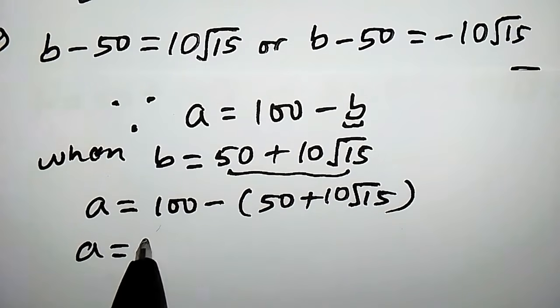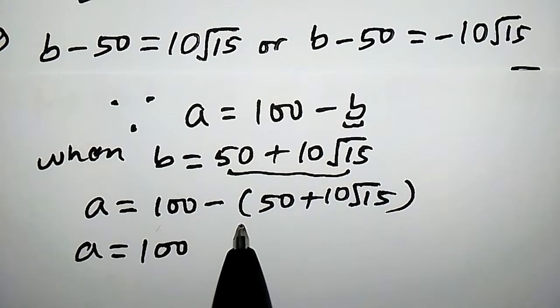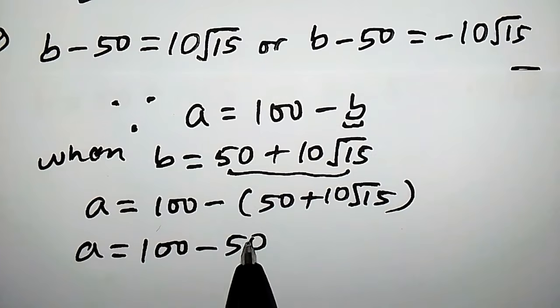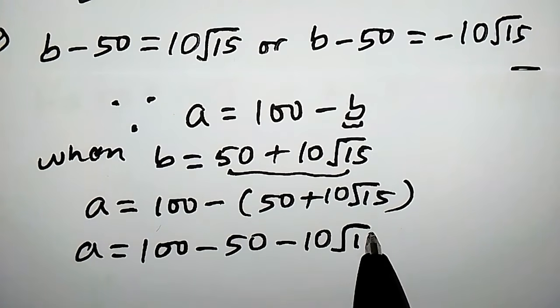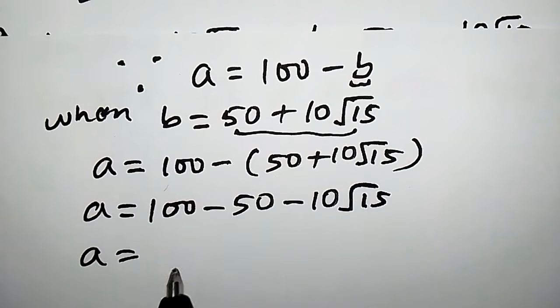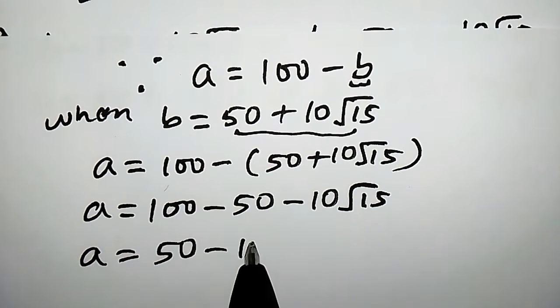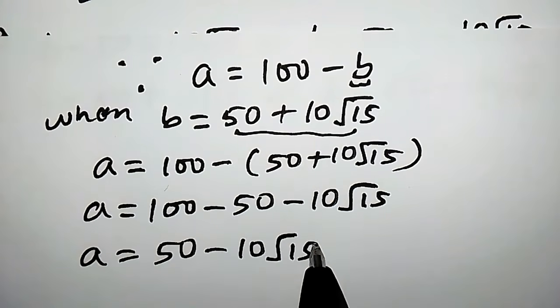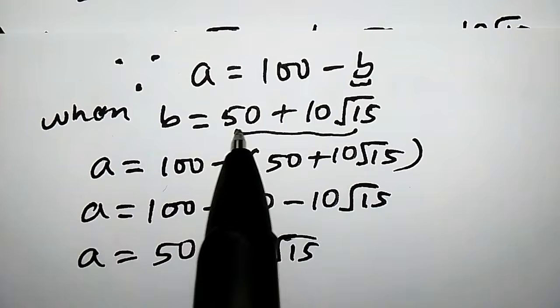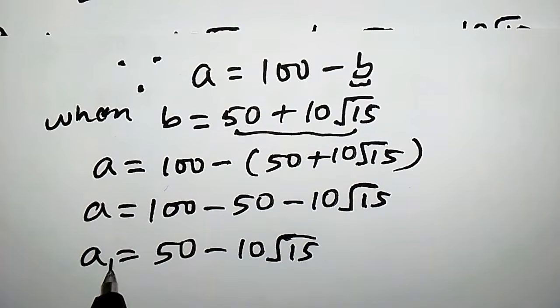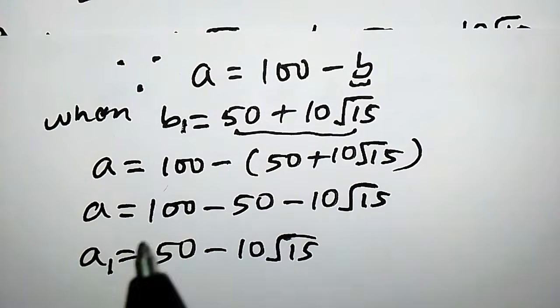A equal to 100 minus times 50, that is minus 50, minus times plus, that is minus 10 root 15. A equal to 100 minus 50, that is 50, minus 10 root 15. This is the value of A and this is the value of B. Let's call this A1 and this B1.